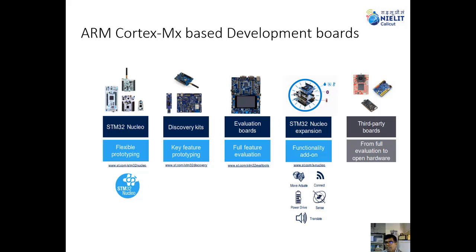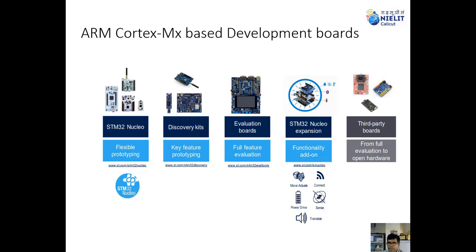If you are prototyping certain key features, something like power electronics or motor control, then you can select the Discovery kits, which target prototyping a typical feature.